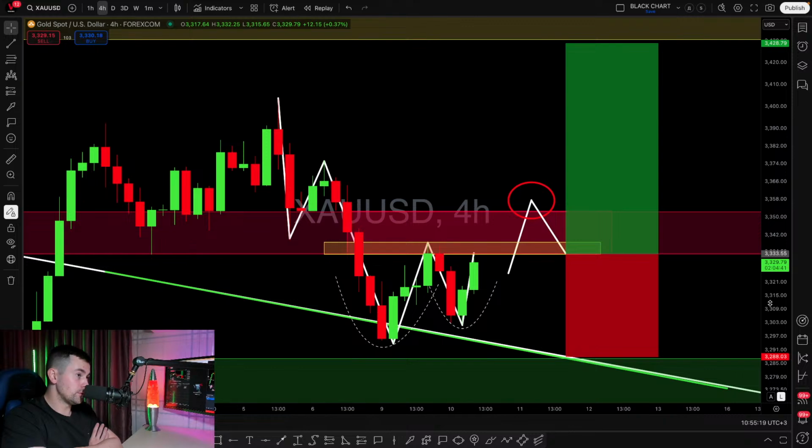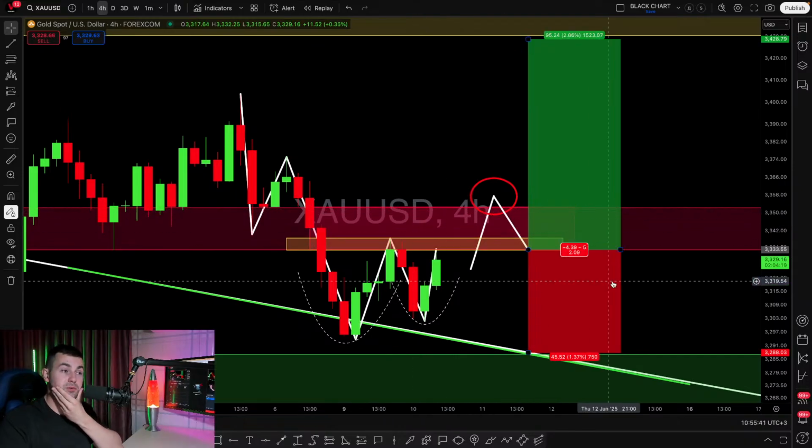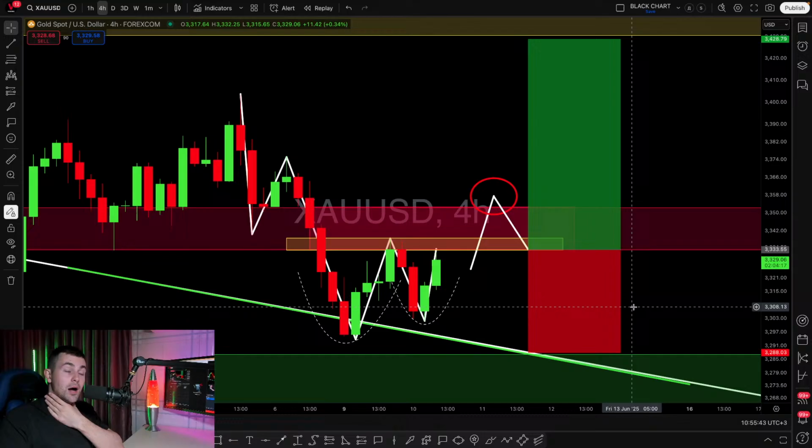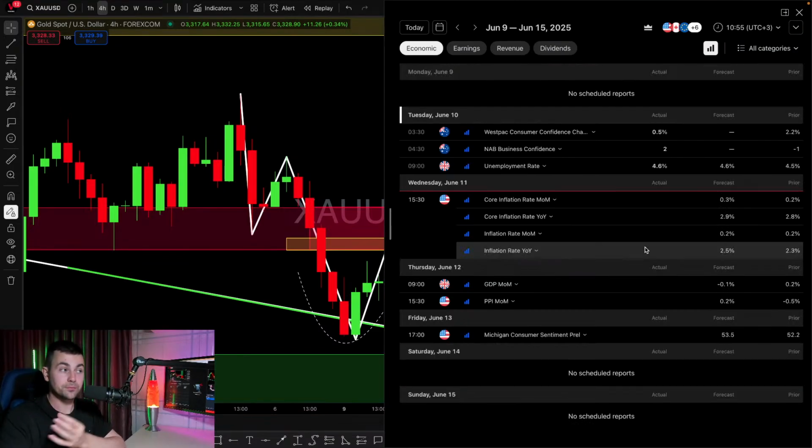One more tip for you that may help you to not miss the moment when the price will violate this red resistance is that you can monitor the economic calendar. Usually strong moves and the violations of significant structures occur after the releases of high impact fundamentals, high impact US fundamentals.